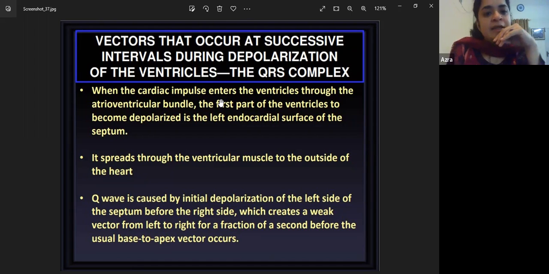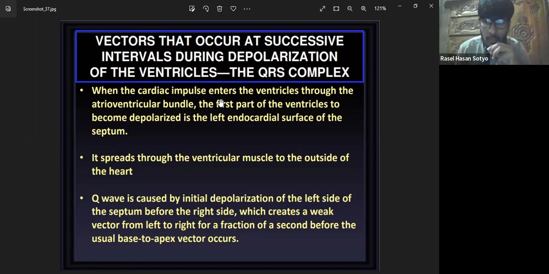So when the cardiac impulse enters the ventricle by the atrioventricular bundle, in the heart there are many atrioventriculars. Atrioventricular means in the ventricle, arteries are over there.